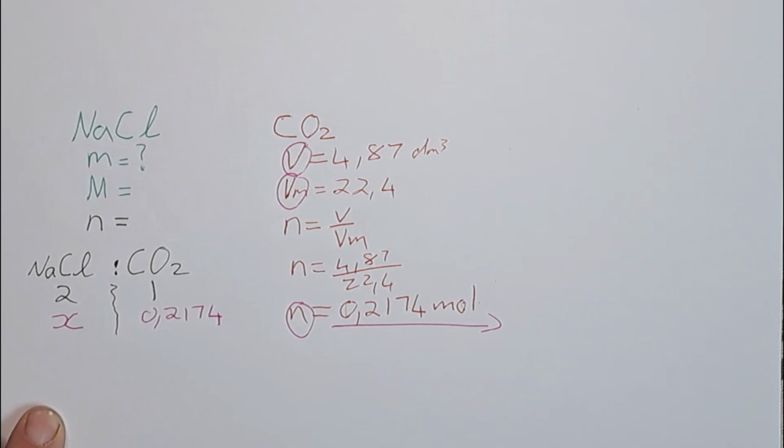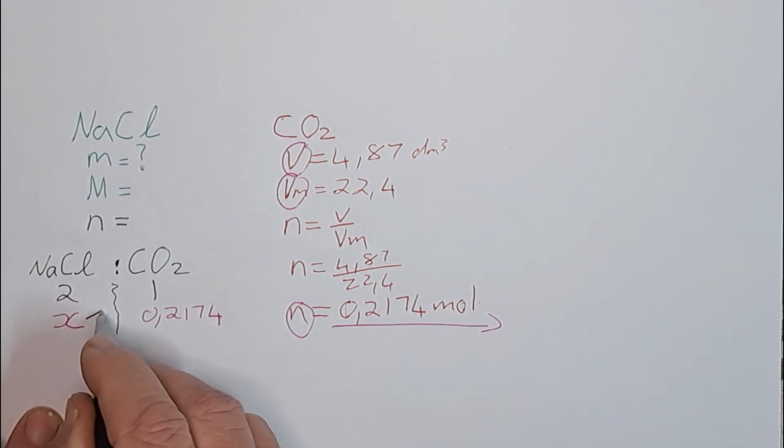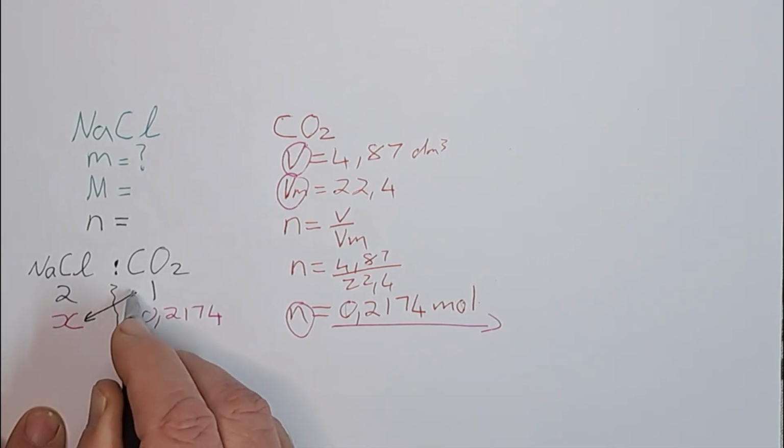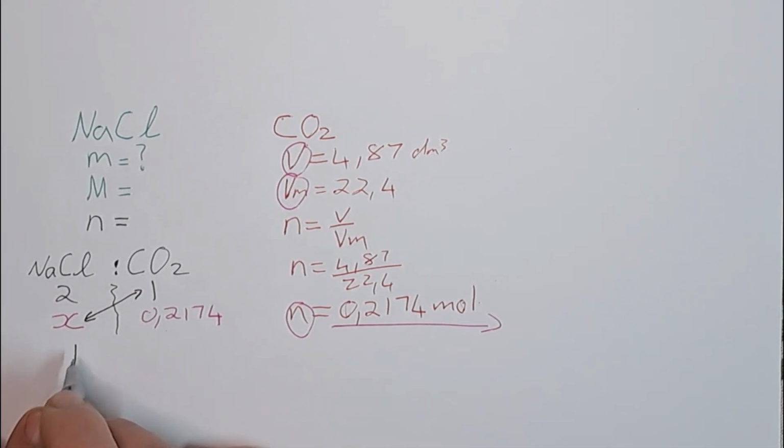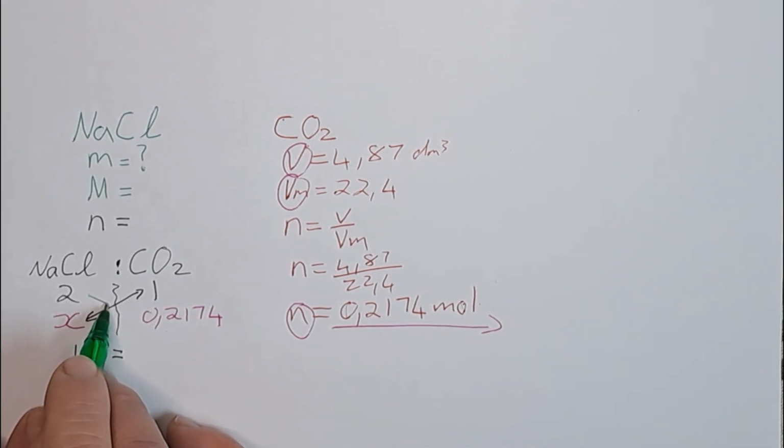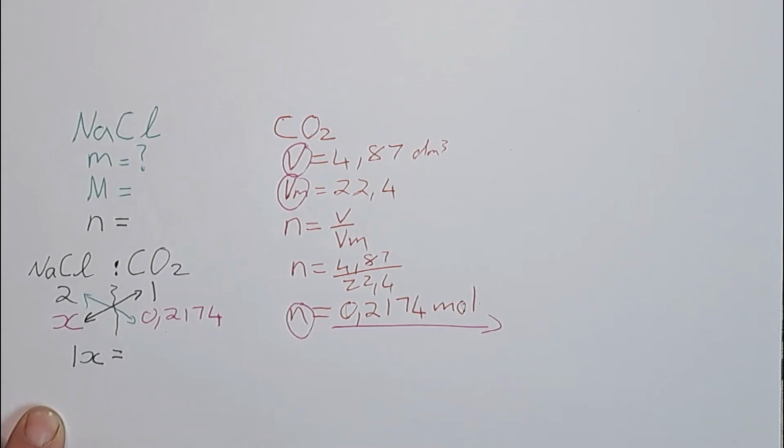Then we're going to cross multiply, so it's going to be 1 multiplied by X, so 1X equals 2 multiplied with the mole of carbon dioxide, so 2 multiplied by 0.2174, and then I'm going to smash that into my calculator.